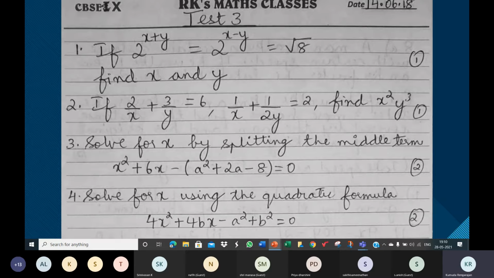So 2 to the power x plus y is equal to 2 to the power x minus y is equal to 2 to the power 3 by 2. Bases are same too. Equate the powers and solve for x and y. Just please try it if you haven't, and then do the second one.